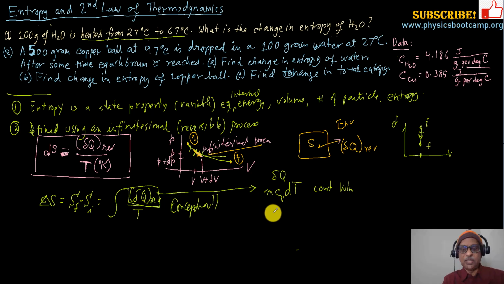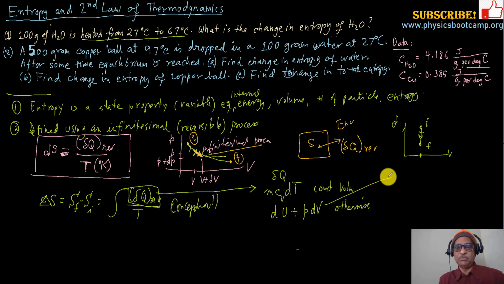Otherwise, it will be du plus pdv. And this will come from dq is equal to du plus pdv, and this is the first law.